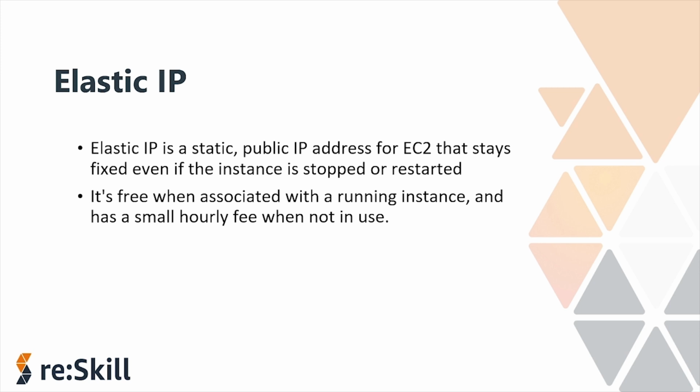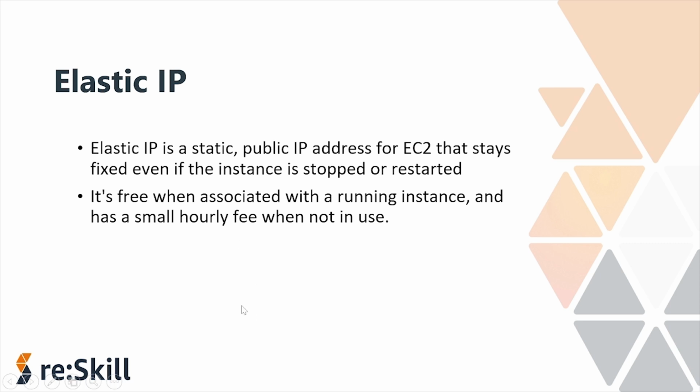Elastic IP is a static public IP address that can be associated with your EC2 instance. It allows you to keep the same IP address even if you stop or restart your instance several times. This is useful if you need to maintain a consistent IP address for your application, or if you want to set up a domain name to point to your instance.